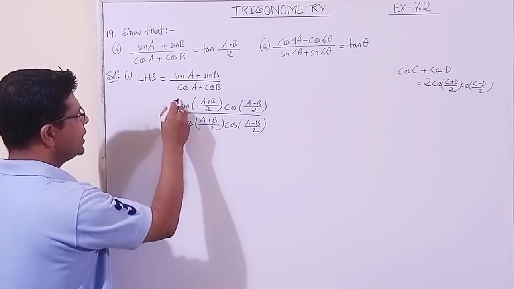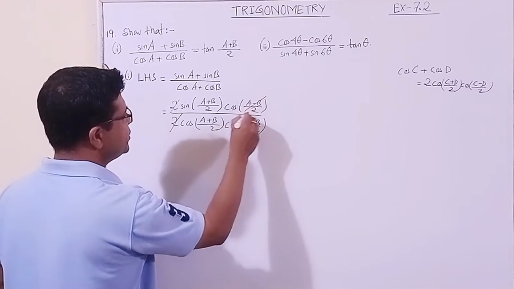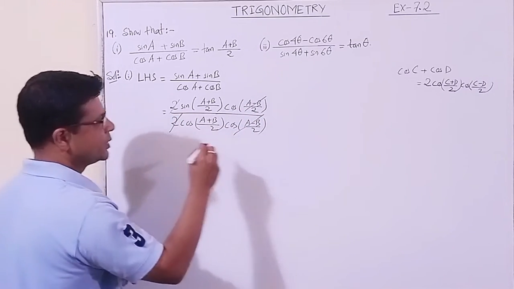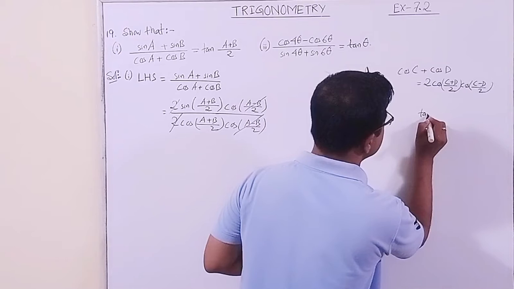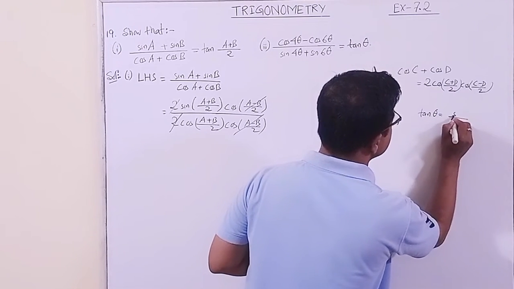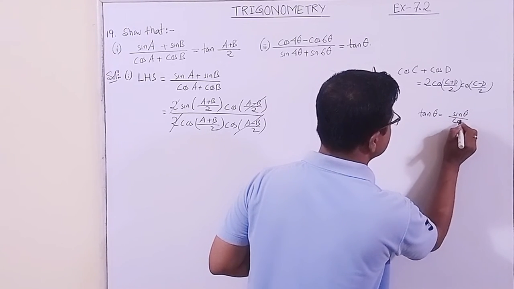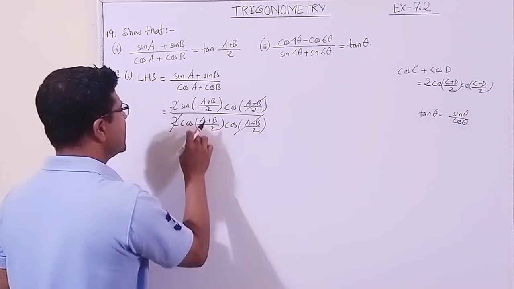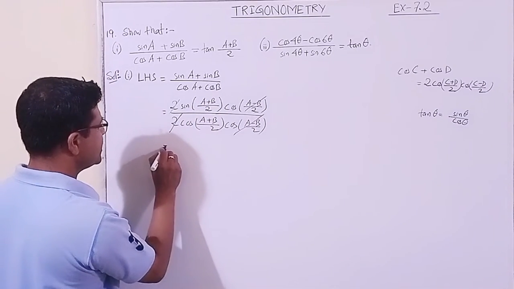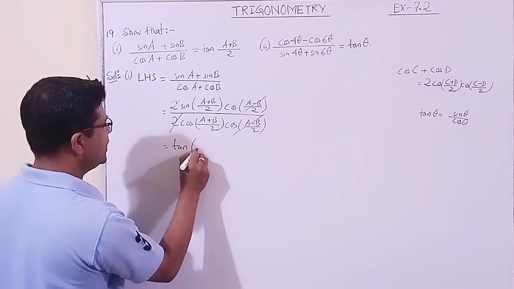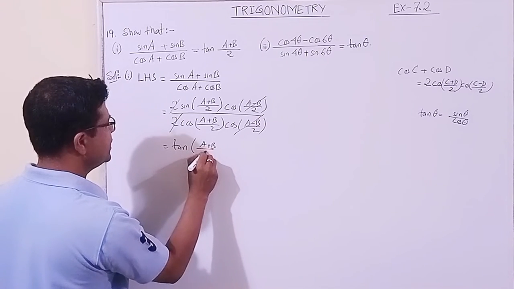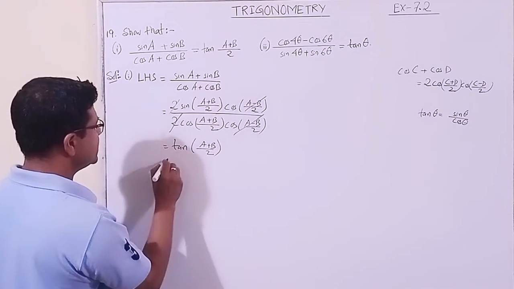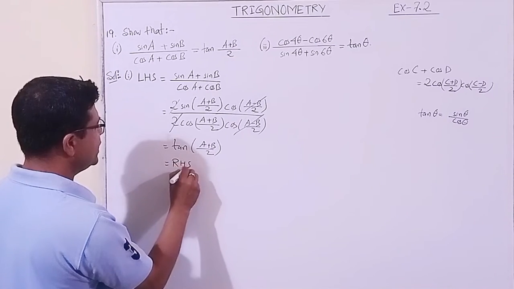The 2 will get cancelled, then these two are the same, will get cancelled. Now sin by cos, what is tan theta, dear student? Tan theta means sin theta by cos theta. So this is sin by cos, the angle is the same. So this is tan (A plus B) divided by 2. Thus we have proved the right hand side.